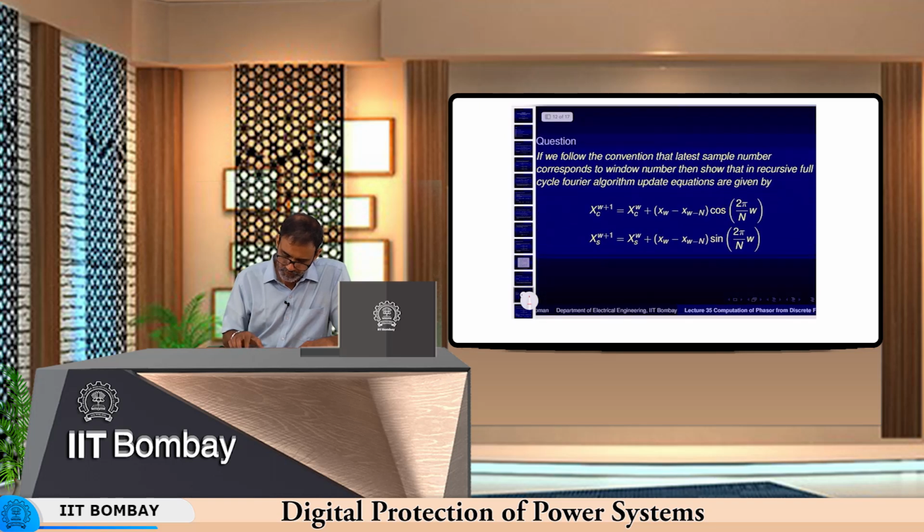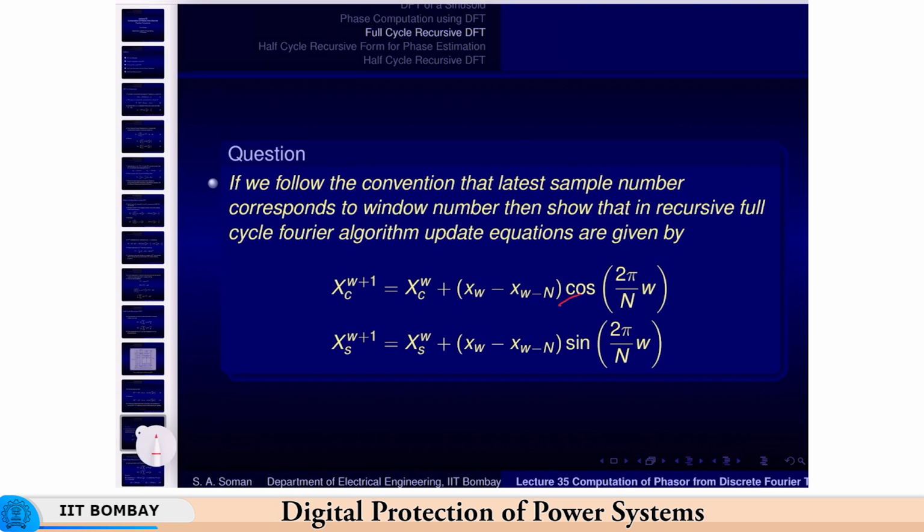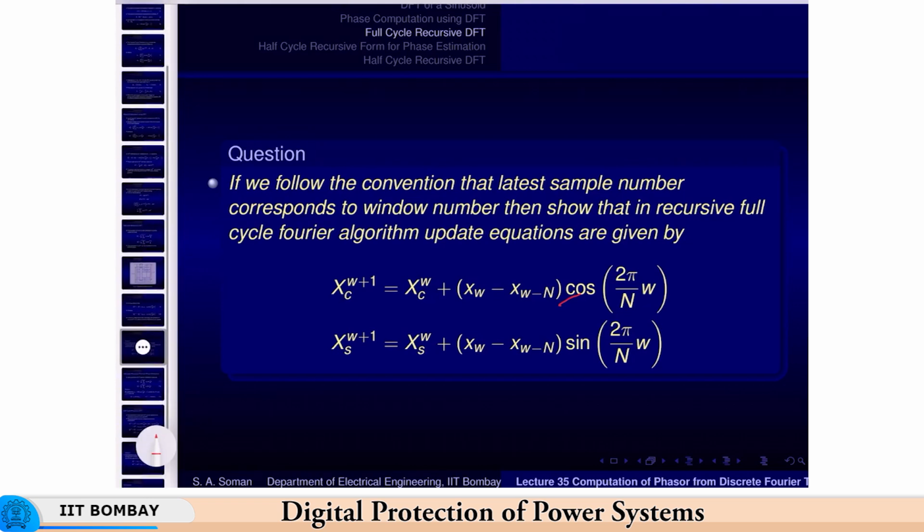Now, if we follow the last window convention, we will not do it here, but you will have to change the index, starting from w minus n plus 1 to w, because the window number is the number of the last sample. So, it has to end at w obviously, and then there are n samples there. So, w minus n plus 1. You can prove this for yourself, only the index here will change, otherwise the expression is more or less the same.